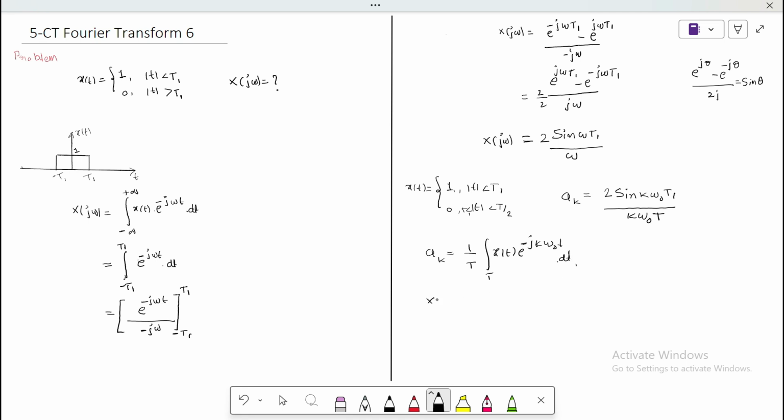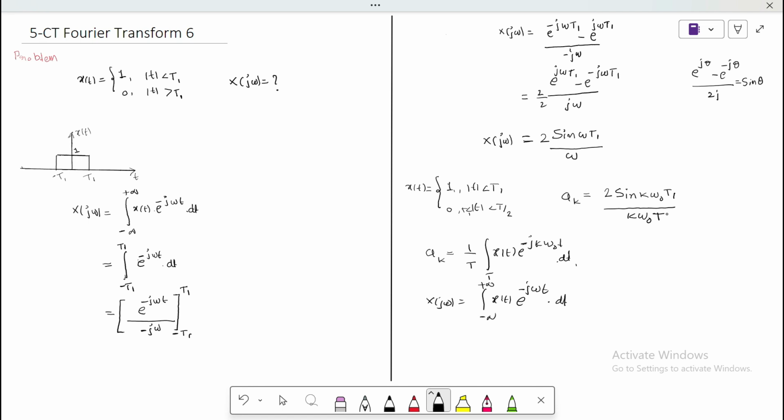So what is modified? ak into T is the x of j omega, integral from minus infinity to plus infinity of x of t into e power minus j omega t dt.